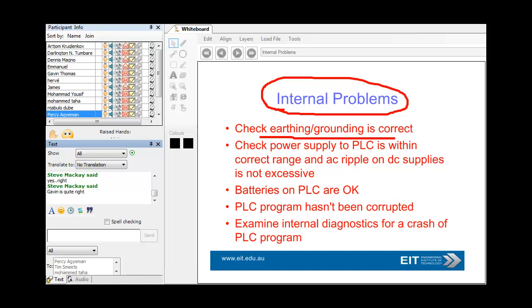But as Gavin says, one of the challenges is earthing, grounding, which is particularly malevolent, particularly nasty, on communication links. And I'll come back to that a bit later. But comms links, believe me, earthing, grounding is a major issue.